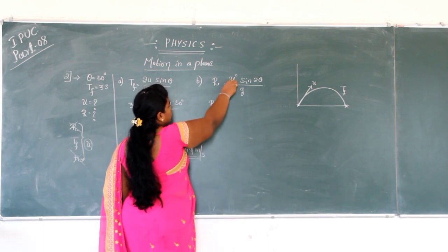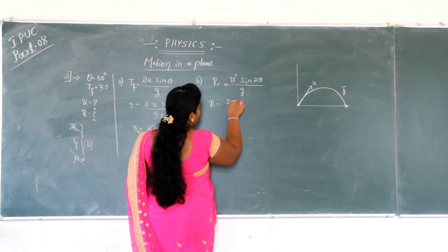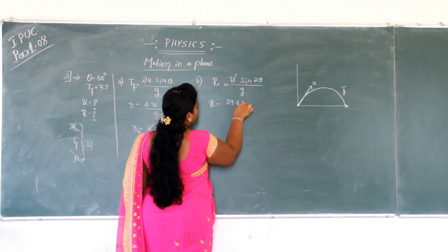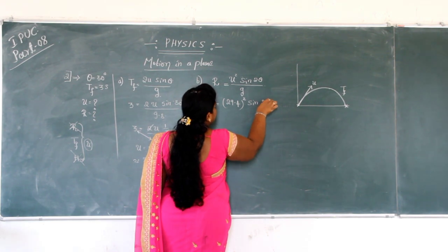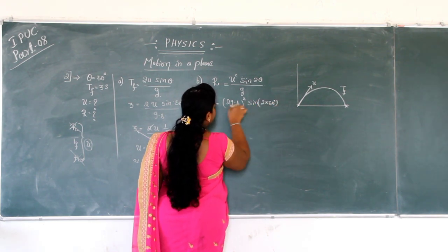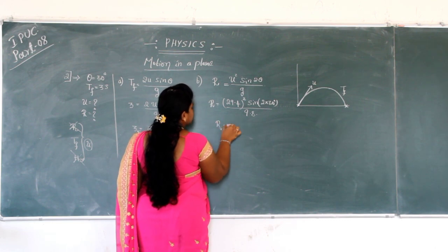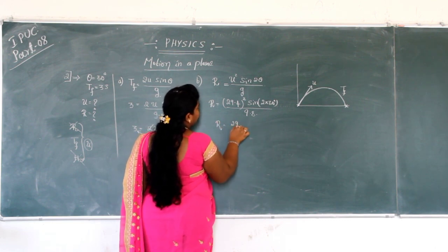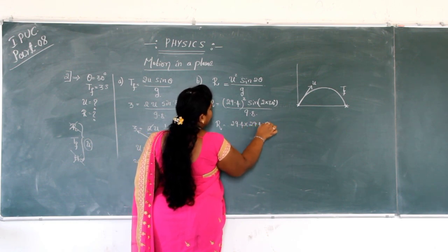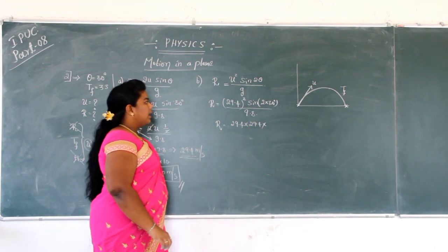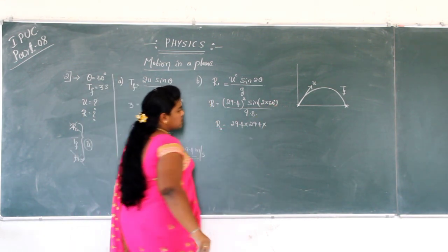So now U square is 29.4 whole square. So now I am writing it as 29.4 whole square into sine 2 into theta, theta is 30 degree, divided by G which is 9.8. So R is equal to 29.4 whole square, it means 29.4 into 29.4, into sine 2 theta. 2 into 30 is 60.